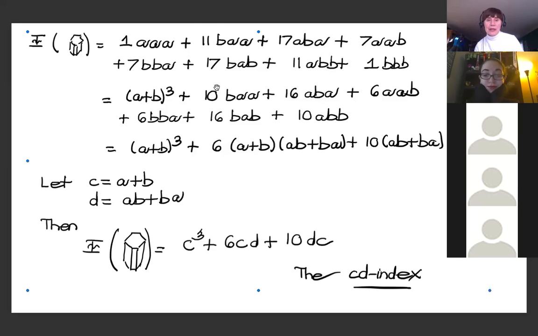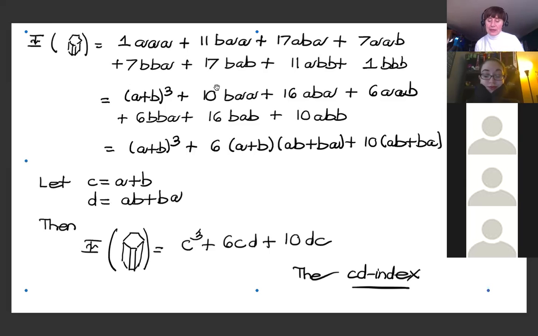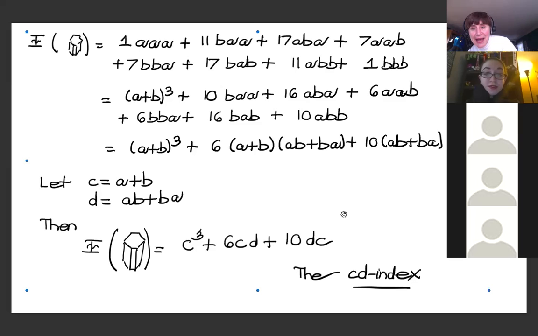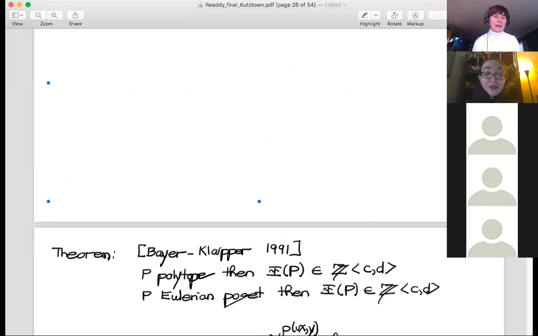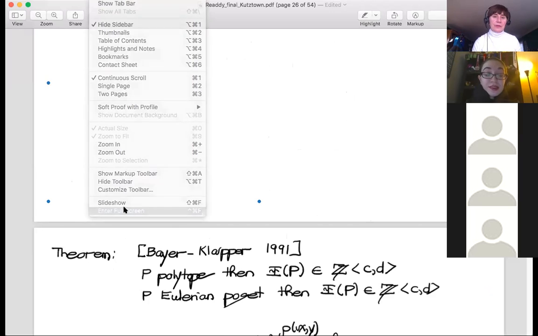And in fact, I never mentioned this, is that if this would let me go backwards, come on. Oh, come on, computer. It's not letting me do anything. That's bad. I don't know why it's doing this. It just stopped. Maybe I was touching things too much. Let's try sharing again. View full screen.